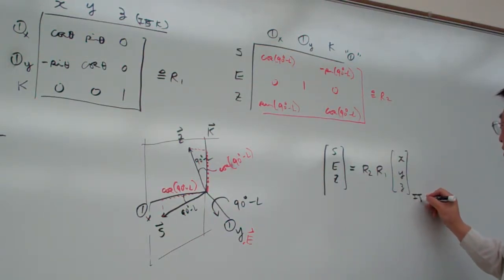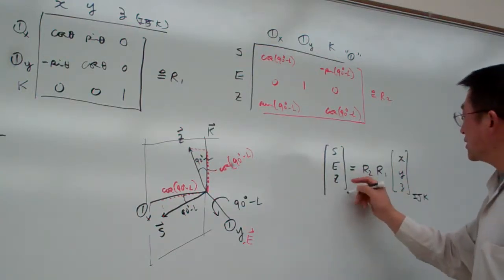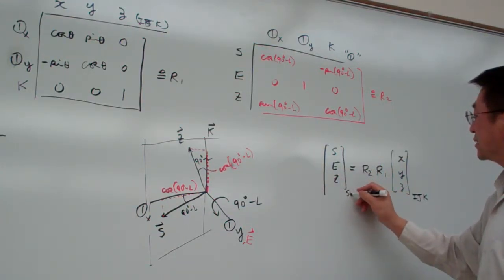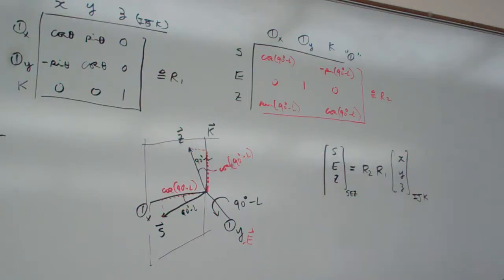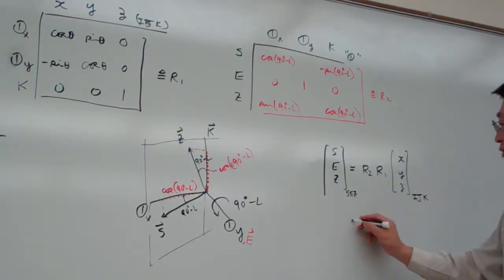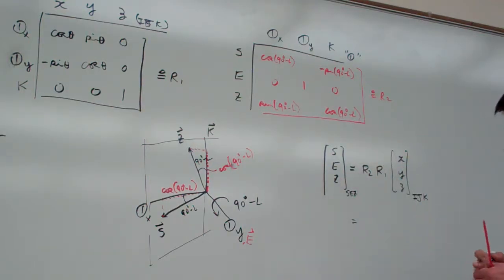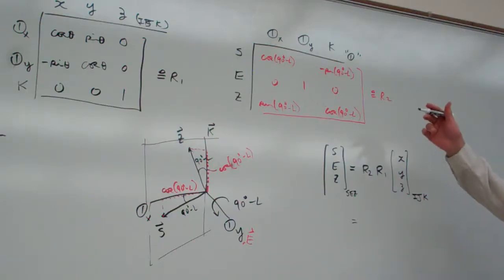Okay, so basically this is in IJK, and this is the coordinate in SEZ. So that we build up the transformation of the coordinates. And if you like, you can implement the calculations here.